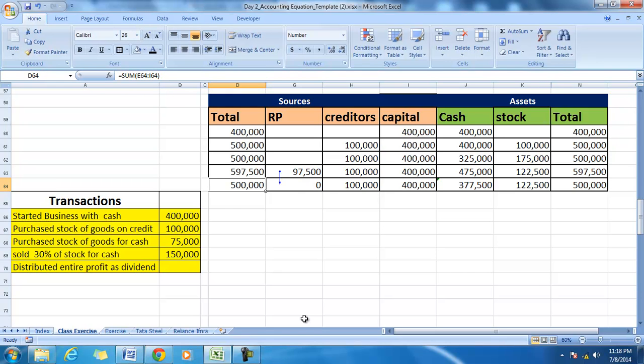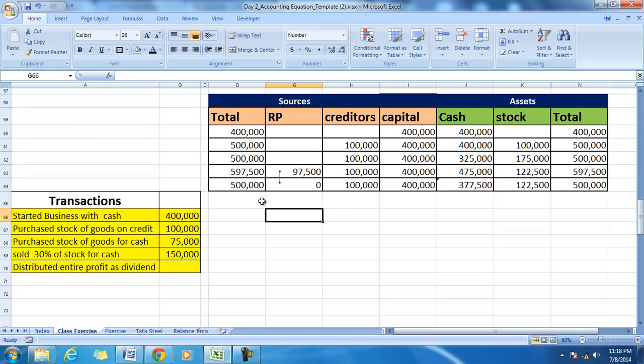So whenever a company makes profit, the management has to take a decision whether to distribute or not to distribute. If the profit is distributed, there is a reduction in cash and a reduction in the retained profit. However, if the profit is not distributed, then profit remains in the business, and that is called retained profit.